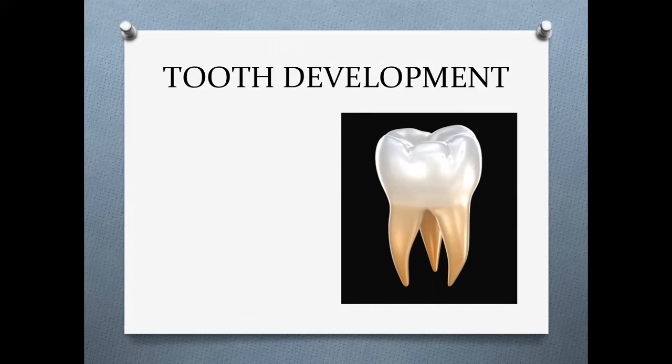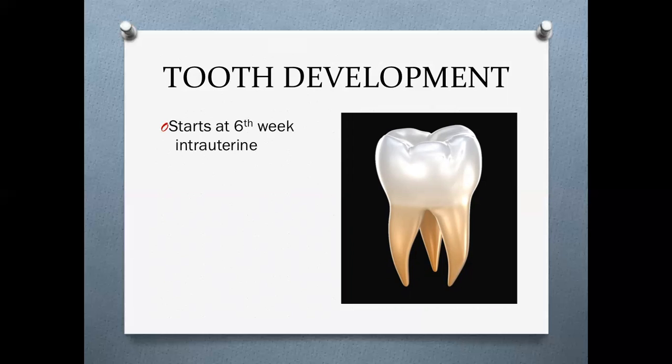But first, let me discuss the tooth's development. This is just a brief discussion. It starts to develop at 6 weeks of intrauterine life, meaning when a mother is pregnant and there's a baby inside her womb, the tooth buds start to develop when the embryo or the fetus is at 6 weeks of its life.